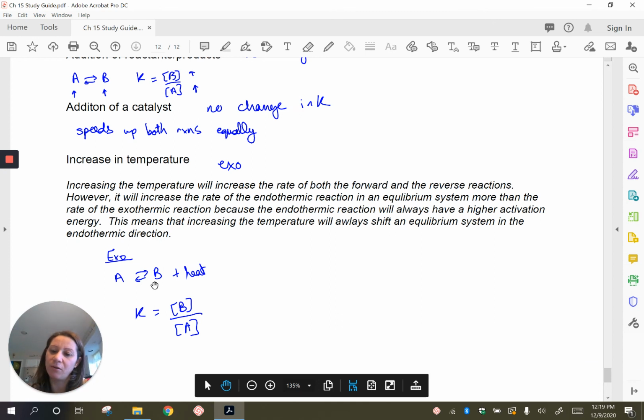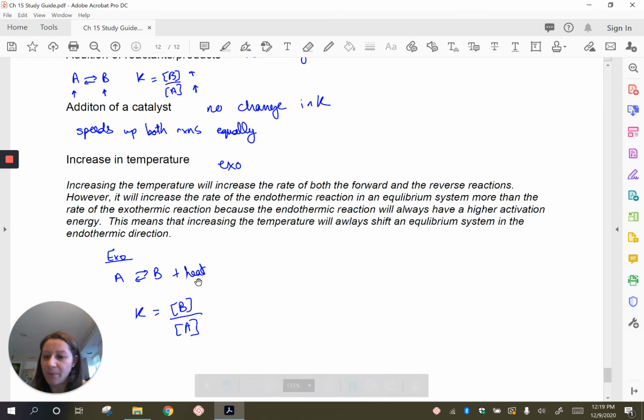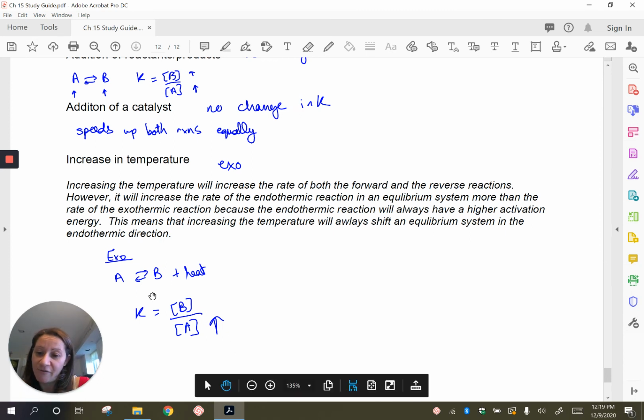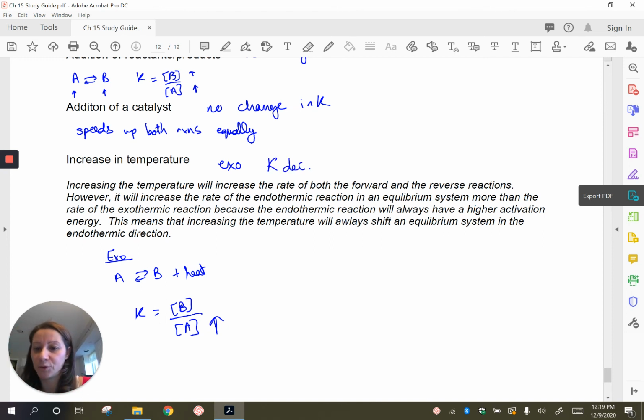Well, it's going to shift to the left to use up that extra heat, right? So it's going to shift to the left to make more A. Did I make more B? No. In fact, I actually used up some B. And so in this case, my value of K is going to decrease when I increase my temperature.